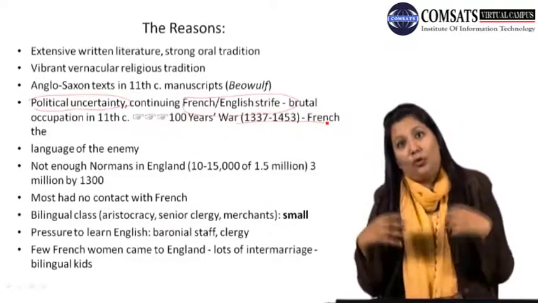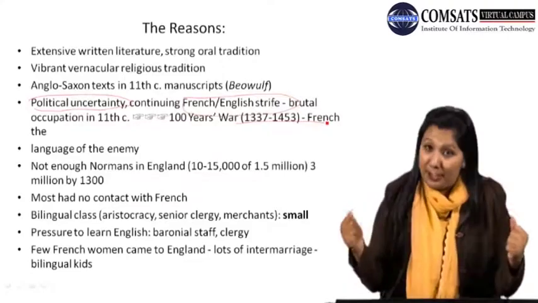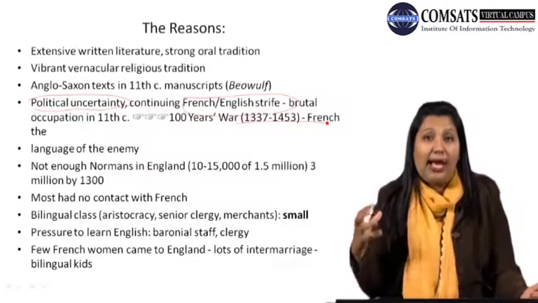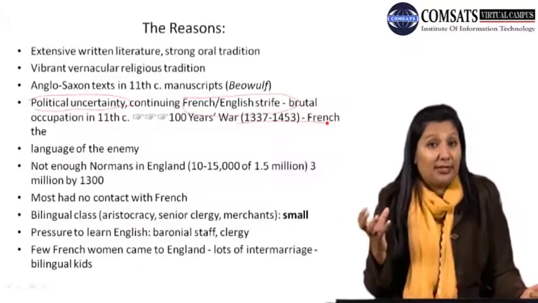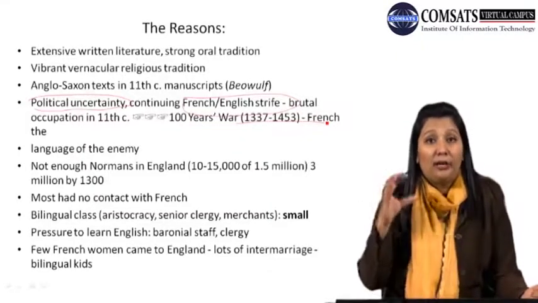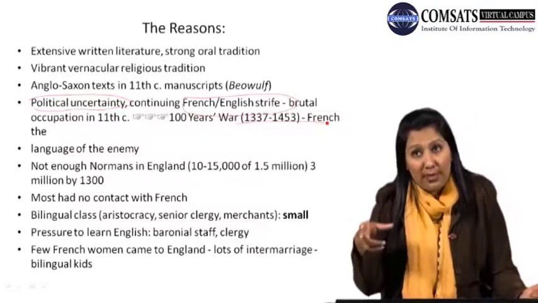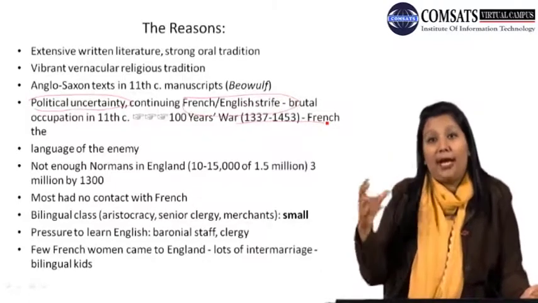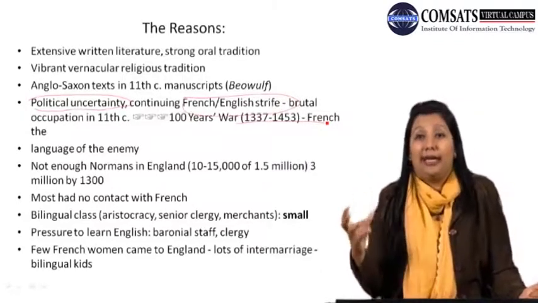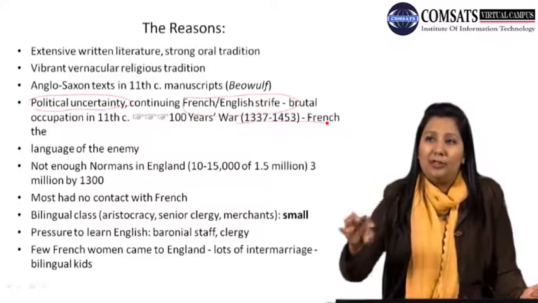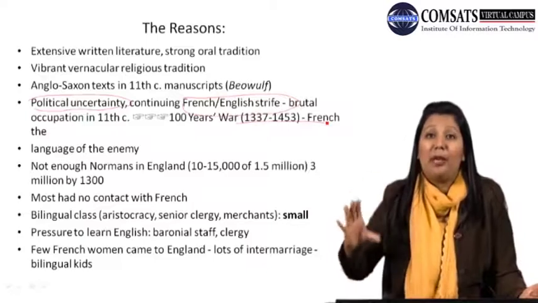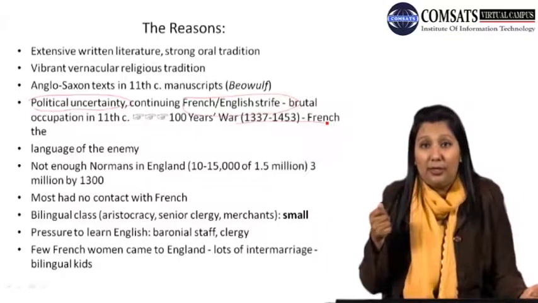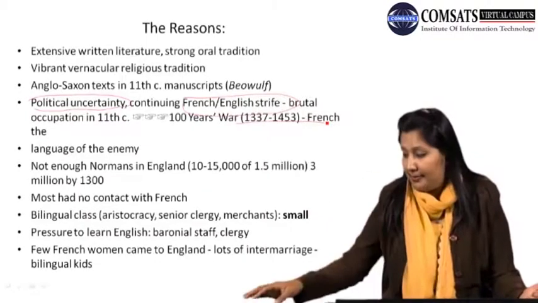They came there, they got married with the Englishmen, and what was the result of these marriages? The bilingual kids, the kids who were proficient not only in French but also in English. They had the taste of both the languages. So the two languages coexisted, and they kept developing. They did not vanish, they did not die.